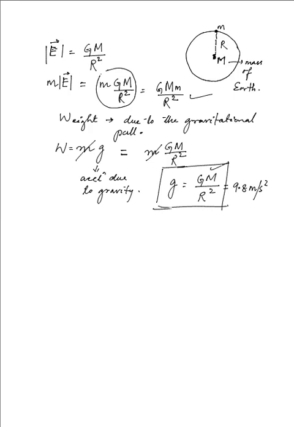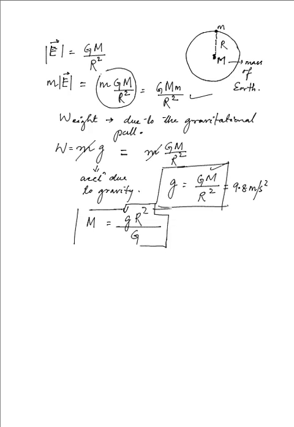And now that we know the expression for the acceleration due to gravity, we can just use it to measure the mass of the Earth. Well, the mass of the Earth in this case will be equal to g multiplied by r squared, r being the radius of the Earth, which is 6400 kilometers nearly, divided by the gravitational constant as already determined by Cavendish in his experiment.